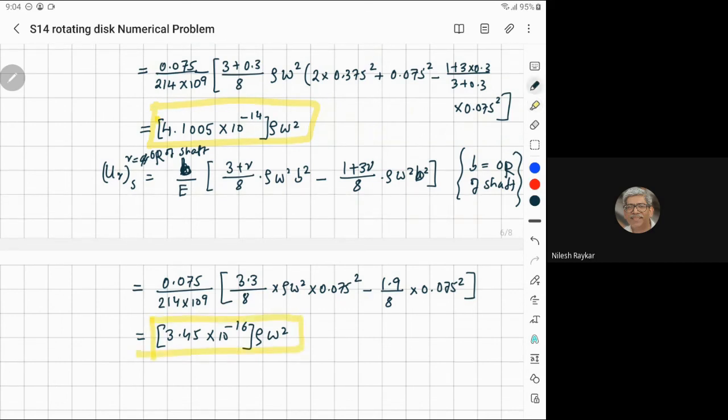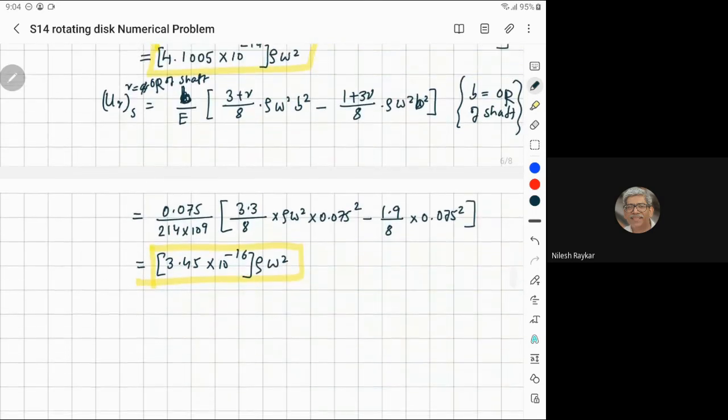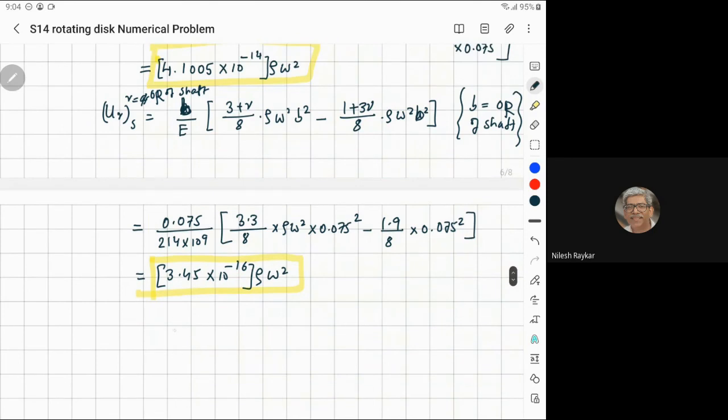Now we'll use our main relationship, that UR of disk minus UR of shaft must be equal to the radial interference.